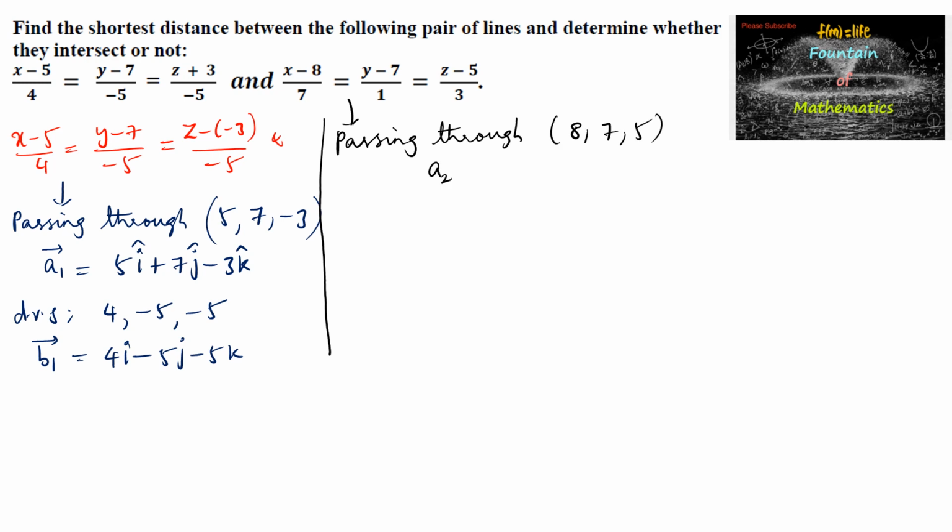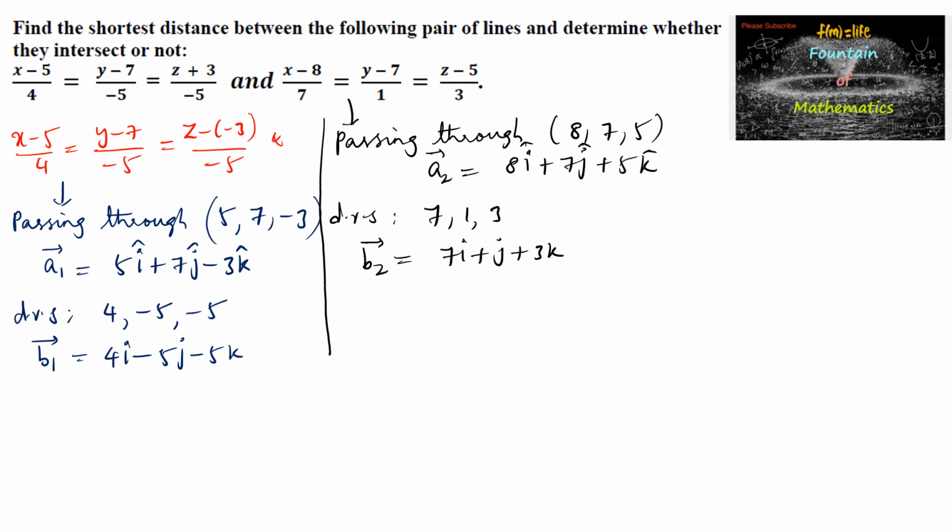Let us consider a2 is equal to 8i plus 7j plus 5k, and it has the direction ratios 7 comma 1 comma 3. So let us consider the vector b2 is equal to 7i plus j plus 3k.